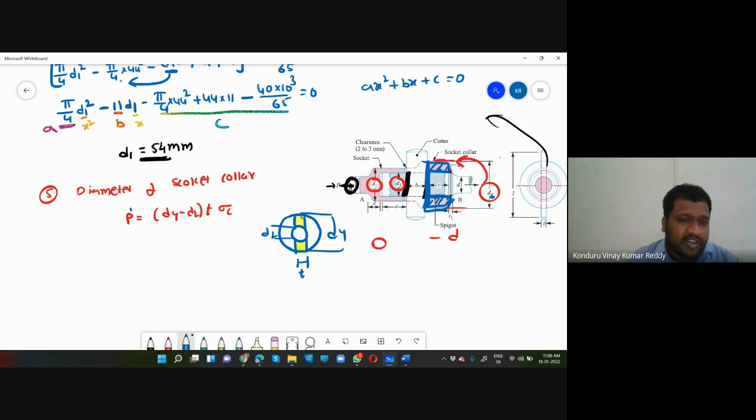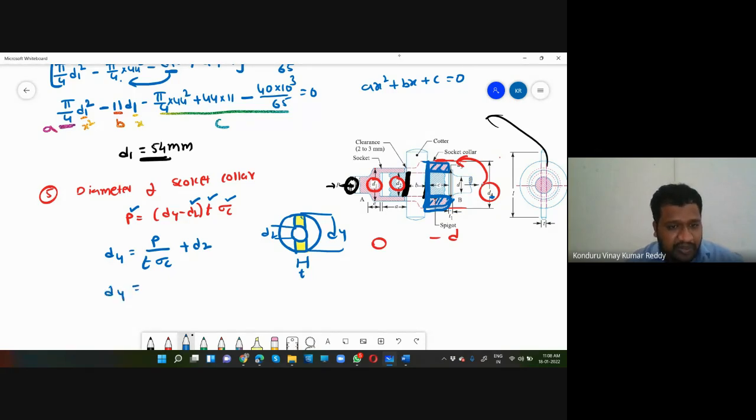Thereby, here we know what is p value, we know what is d2 value, we know what is t value, and we know what is sigma c value also. We have to find out d4. Thereby, d4 is equal to p by t into sigma c plus d2.